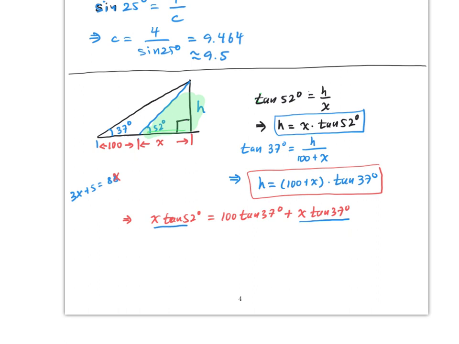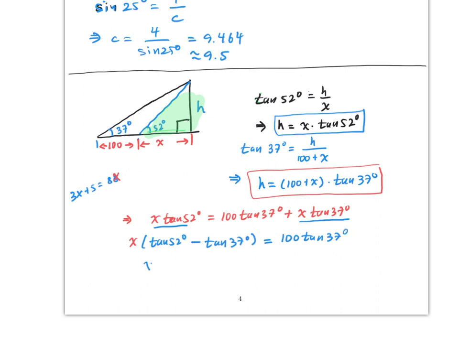We're just going to factor the x. So we put x, and you have tangent of 52 degrees. If you move this one to the other side, notice that when you move it to the other side, it changes the sign. So it's going to be minus tangent of 37. And all of this should equal 100 tangent of 37 degrees.